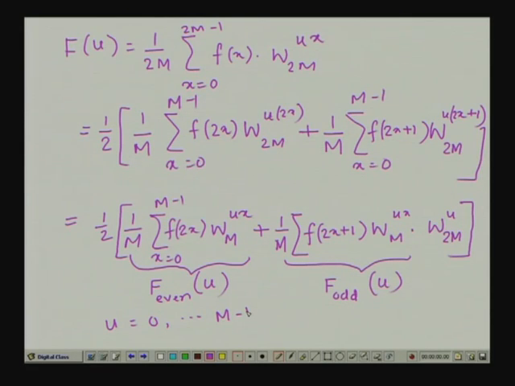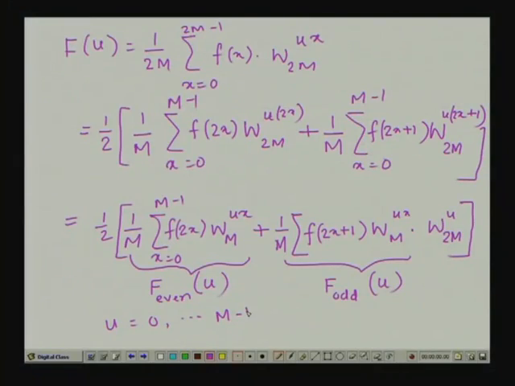So, by separating the even samples and odd samples, I can compute the Fourier transformation of the even samples to give me F_even(u), I can compute the Fourier transformation of the odd samples to give me F_odd(u), and then I can combine these two to give me the DFT coefficients of values from 0 to capital M minus 1.